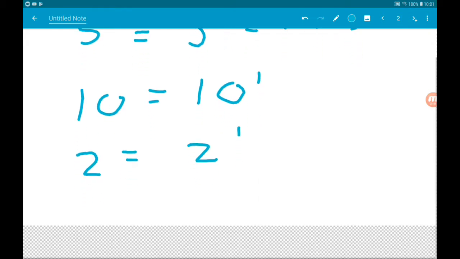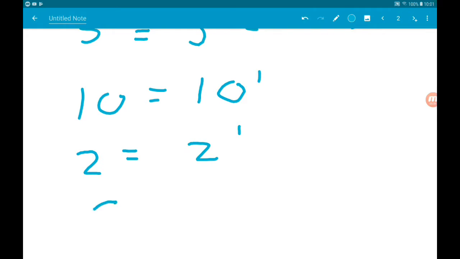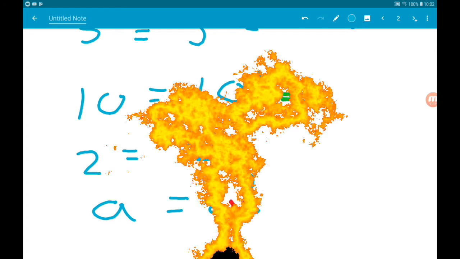In general, a number A is that number to the power of 1. Now, it's a boring power, it doesn't do anything exciting, so we don't bother writing it. But it is important to know that a number written on its own is that number to the power of 1, because it's going to come in handy when we hit the rules.